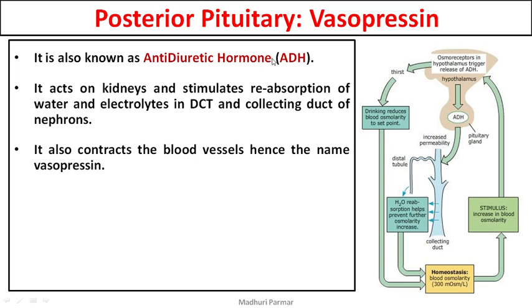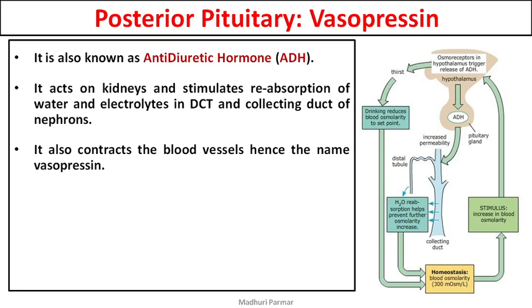Antidiuretic hormone. Now, the other name of this hormone is also vasopressin. Why? Because it contracts the blood vessels. Think of it like this. Have you ever used a garden pipe for watering the plants? If you put a thumb on the hole of that pipe when the water is flowing, the water will flow forcefully, right?